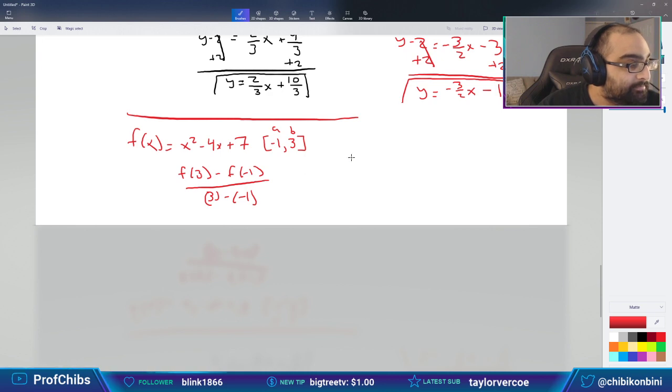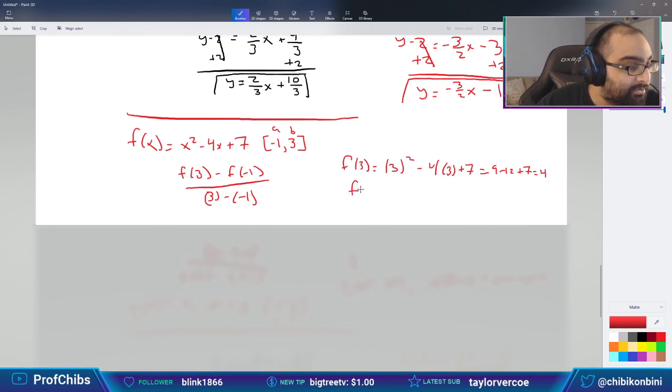Okay. So f of 3, pretty simple. Plop in 3, see what we get. Here we get 9 minus 12 plus 7, which is 4. So we get 4 for the first one.